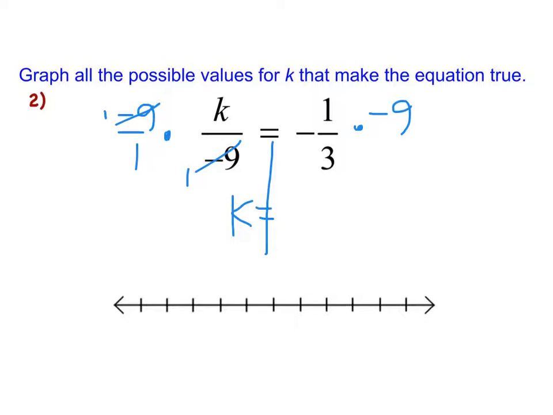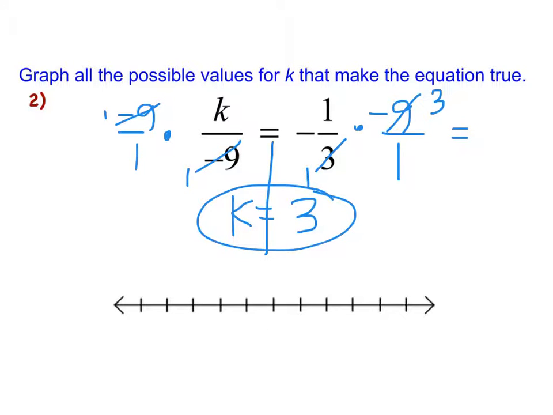Then I can either type into my calculator, or I can do the multiplication by hand. With this one, we could cancel out a 3. So we get 1 and 3. And negative times negative is going to give us a positive. So when we multiply straight across, we end up with 3 over 1, or positive 3.